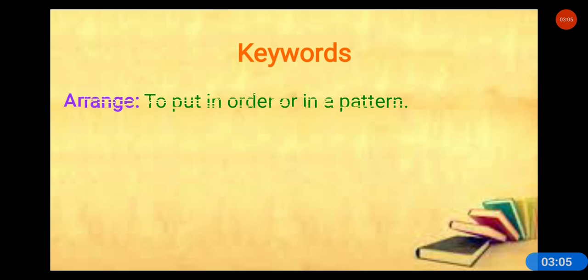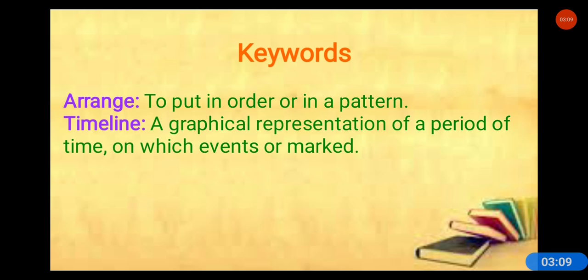So today we are going to see the third lesson plan. These are the keywords, please note them down: arrange and timeline. Arrange means to put things in order or in a pattern, and timeline is a graphical representation of a period of time on which events are marked.